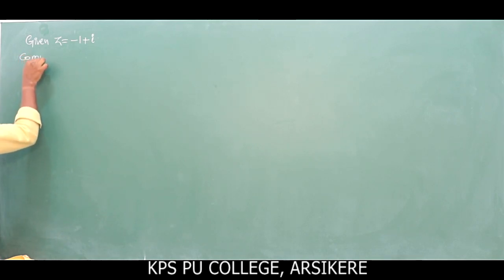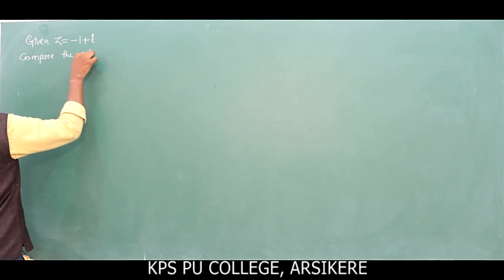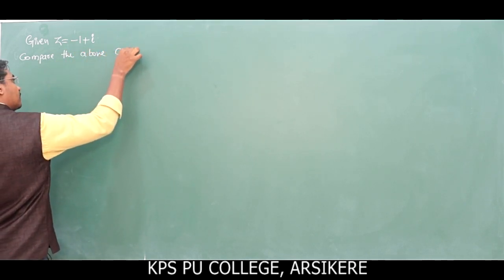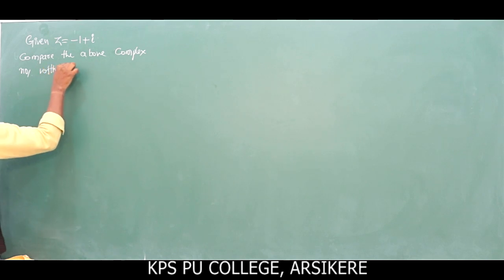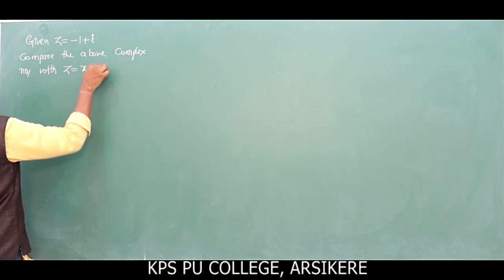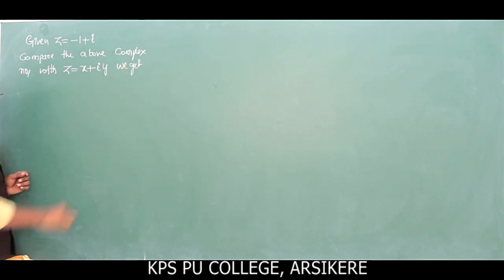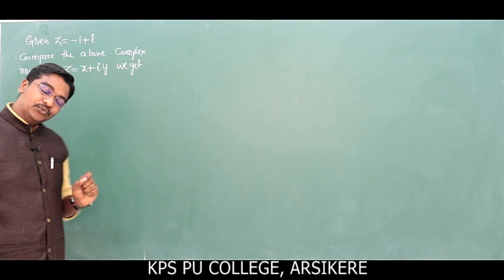Compare the above complex number with the general form z is equal to x plus iy. So what we get? x is equal to minus 1 and y is equal to 1. Very good.